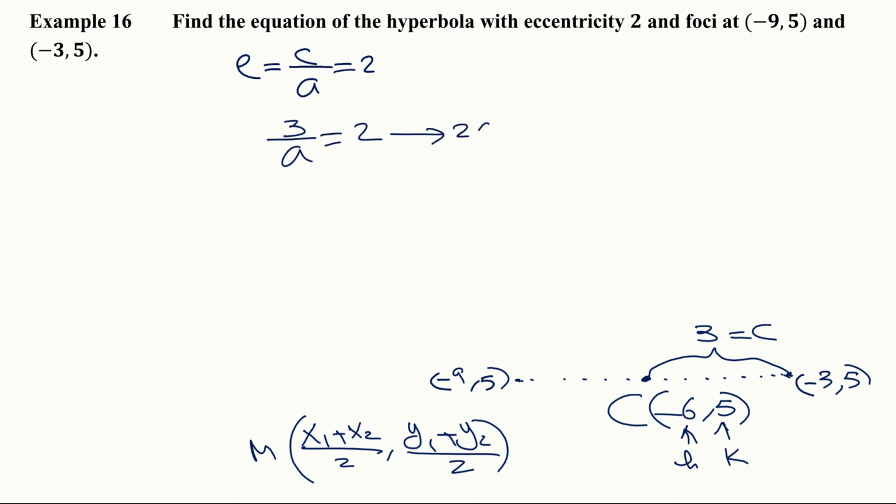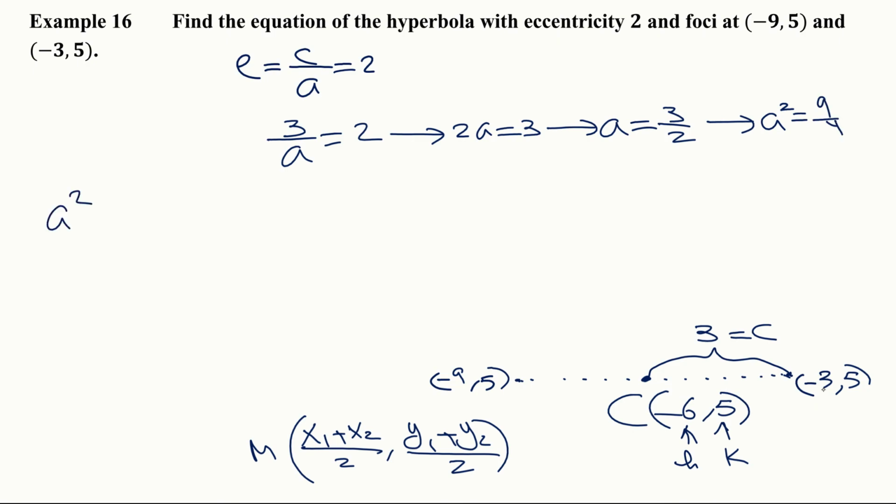So that implies 2a equals 3, which implies a equals 3 halves. So now I have a and I have c. I should be able to find b, right? Because, or b squared anyway, that's what I need. First of all, realize that a squared is going to be 9 over 4.